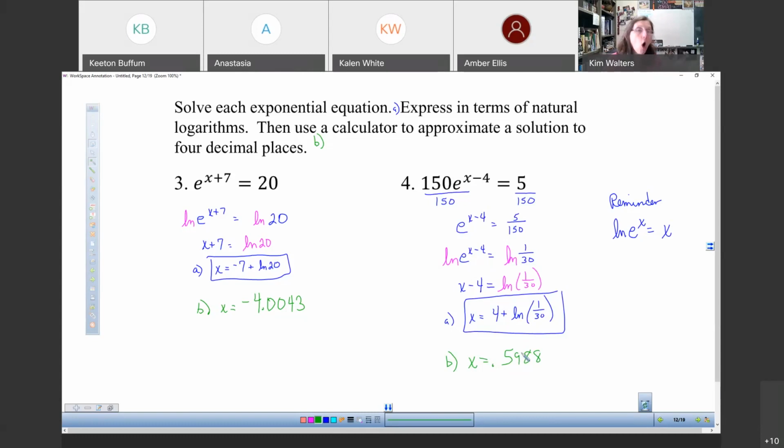It solves all of them, okay? So it is definitely a fallback, and some people are just like, I don't want to have to stop and think about what to a power gives me this. The natural logs work, and they will always work. All right.